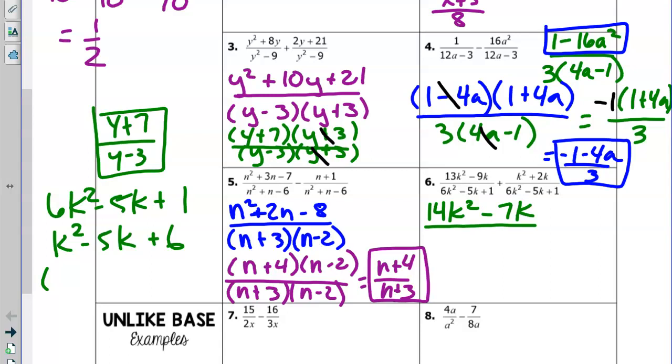You would have to do the negative 2 and 3, and this one is easy to mess up on because when you have 1 and 6, 2 and 3, you can get a 5, but you have to do the 2 and the 3 because this is a negative 5. And these both have to be negative to get the positive 6. So you have to do k minus 2, k minus 3.